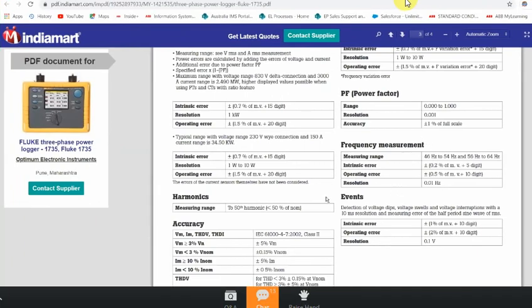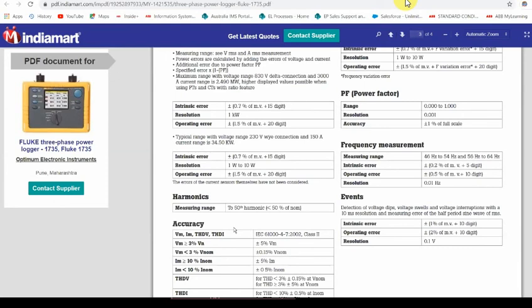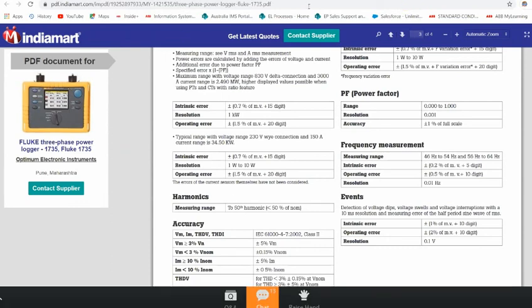See here, total harmonic distortion for voltage and for current, as low as less than 3%, as low as less than 1%, you can still measure. So this is a very practical, user-friendly test and measuring instrument, something practical engineers will come across quite often in a day-to-day scenario.